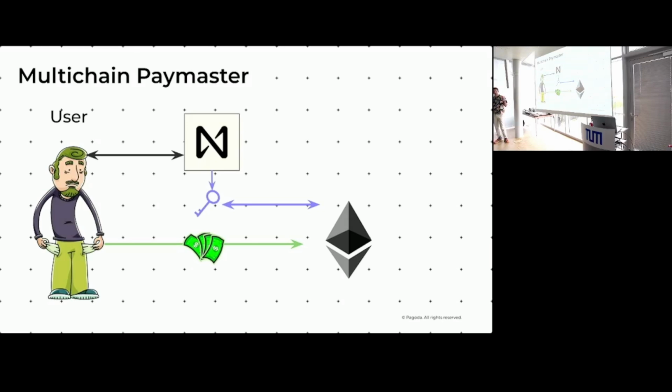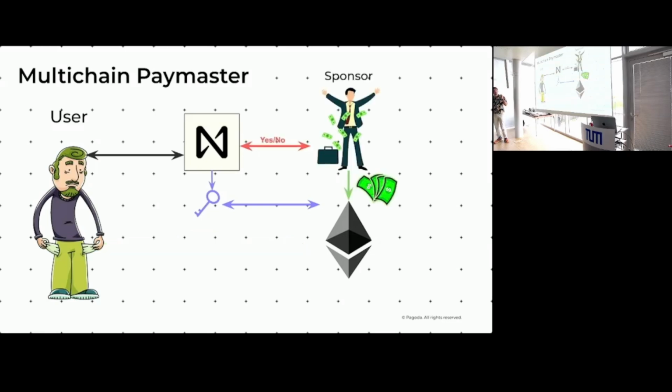But instead, because you have programmable keys, you can promise not to use this key to drain the account by showing the code that governs that key. You can have a sponsor elect to pay for individual transactions, and then the user has no concept of what network they're on or what gas they're using. We find that users generally don't care what chain they're using, and the quicker we can move them from one to the other, the better.